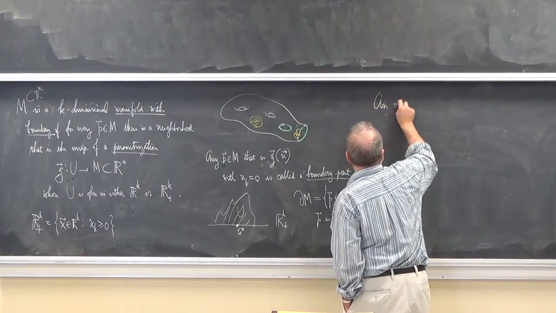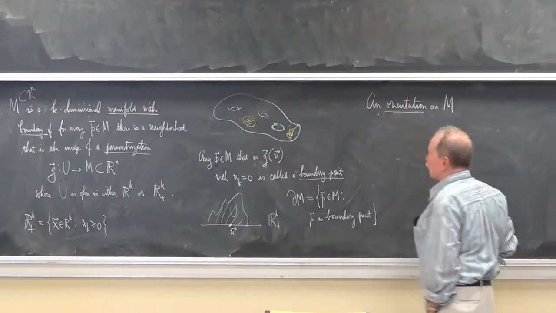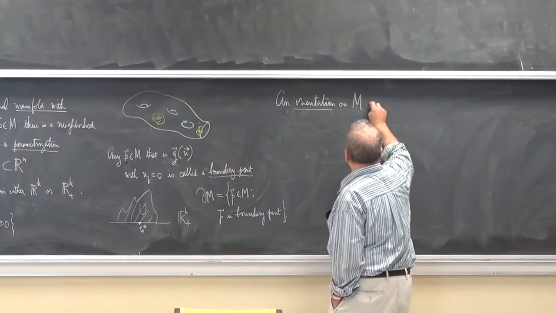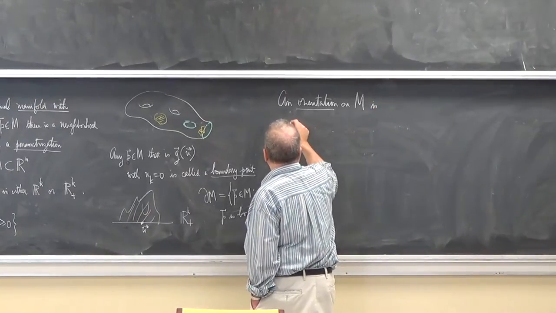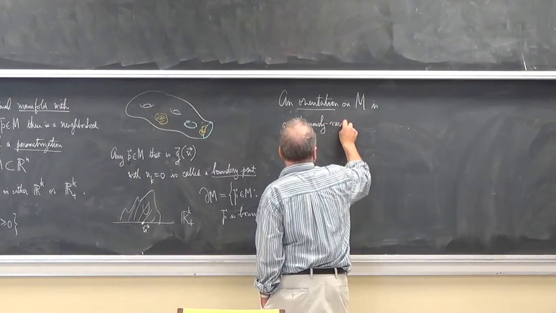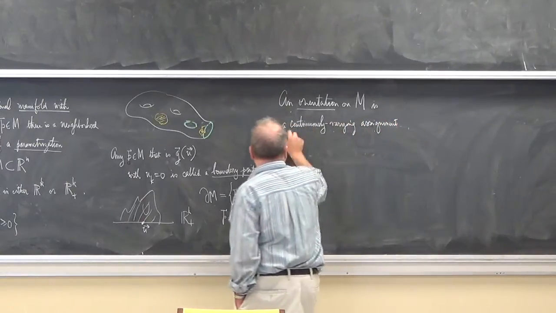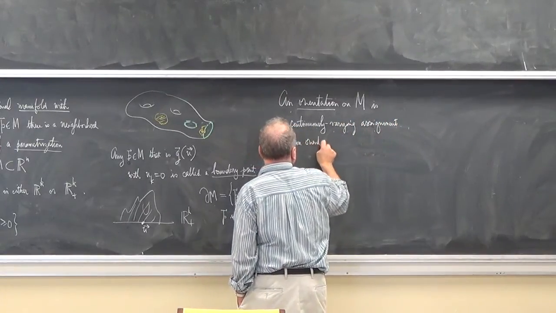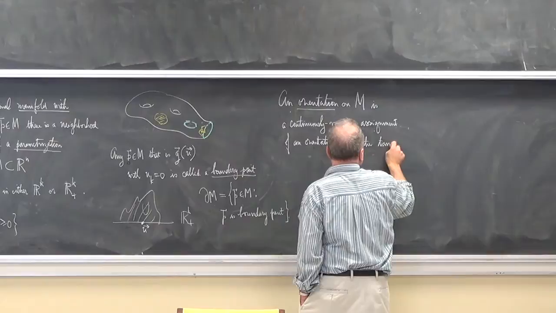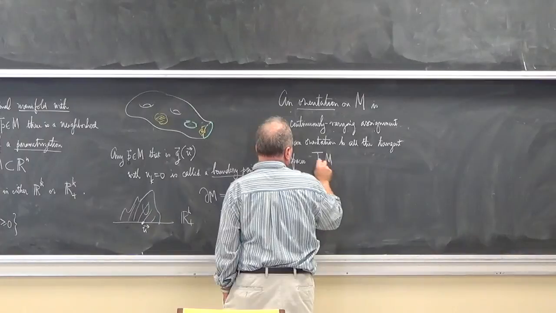Okay, so an orientation, just as we were discussing for surfaces yesterday, an orientation on this manifold M, or manifold with boundary, is a continuously varying assignment of an orientation to all the tangent spaces T_pM.